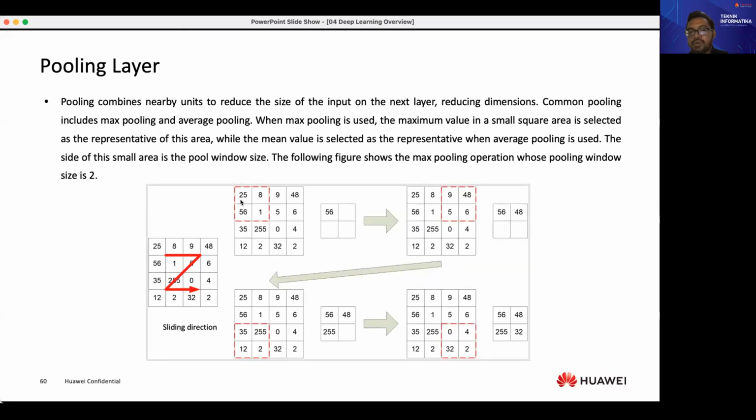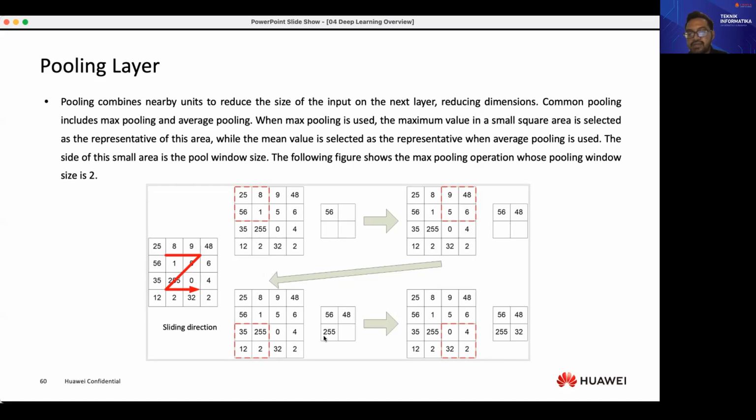It means we will use 2 times 2 pixels for getting the maximum value in this area. Then after that, the stride is 2,1. It means we will shift this area one by one, 1, 1, 1, 1, then this one is 2. Why 2?